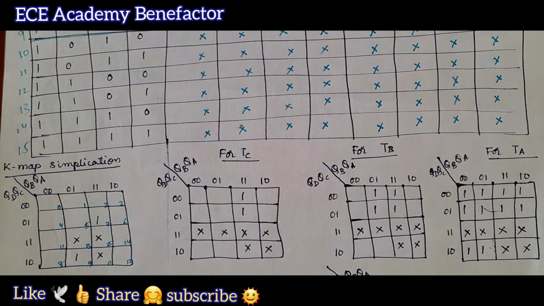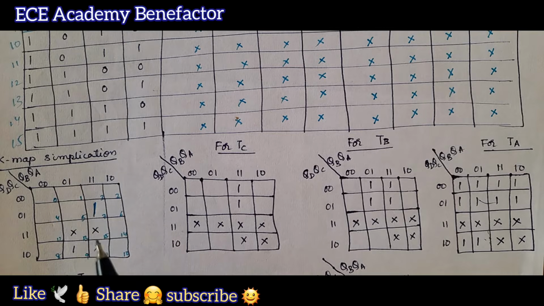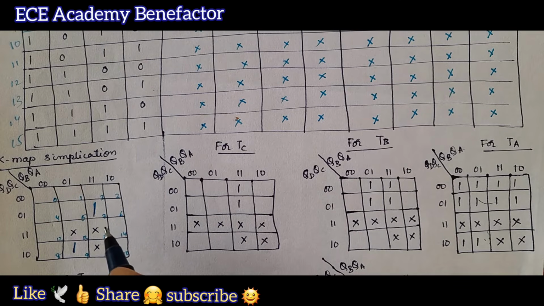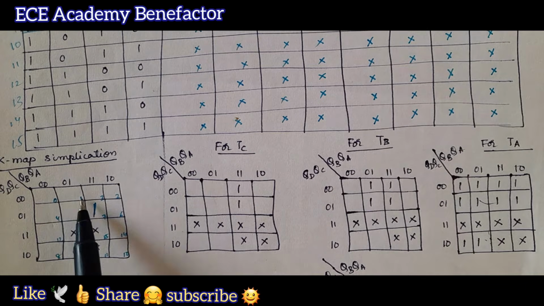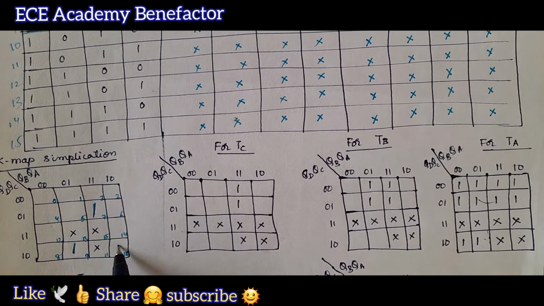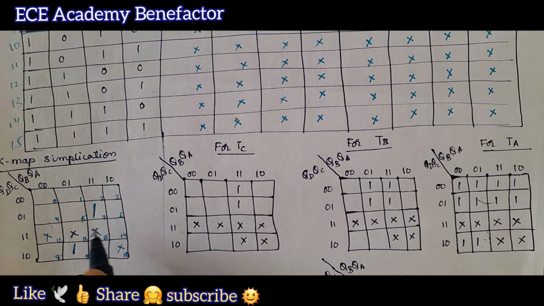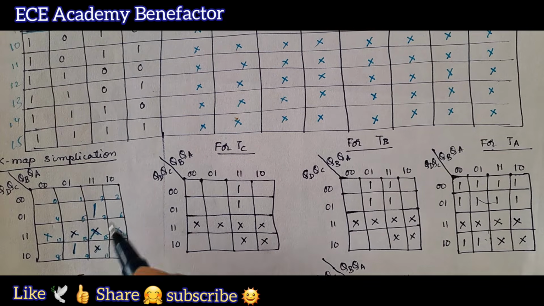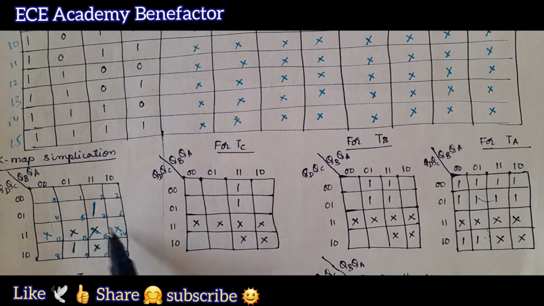So where is 10 here? 0, 1, 2, 3, 4, 5, 6, 7, 8, 9, this is 10. From 10, 11, 12, 13, 14 and 15, all these are don't cares. So TD is 1 at 7 and 9, and from 10 to 15 all are don't care.